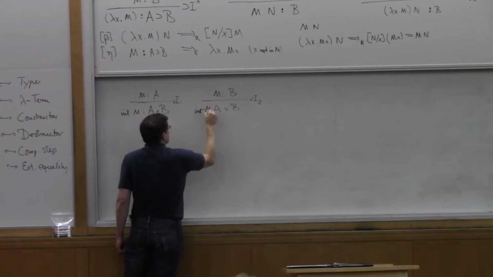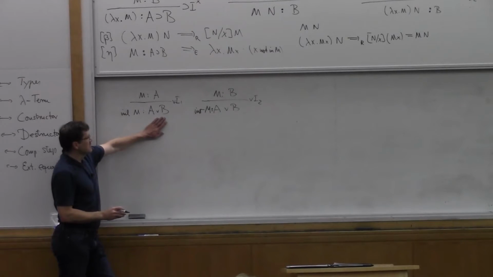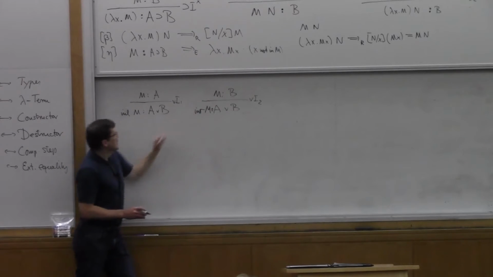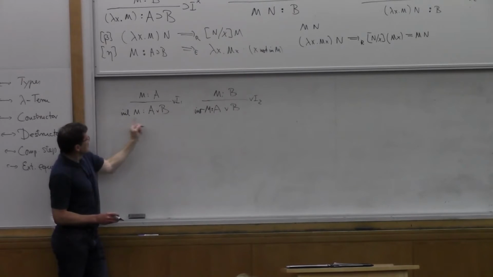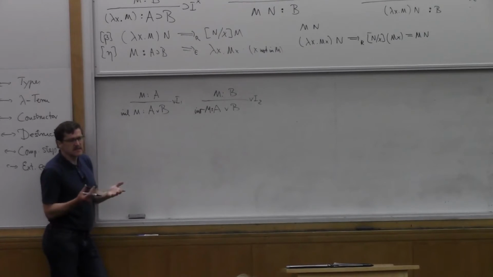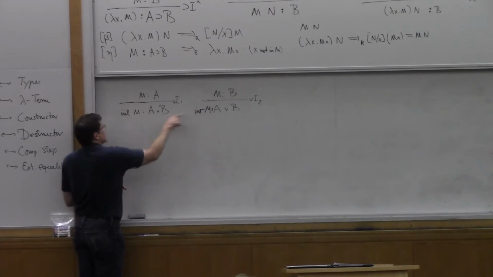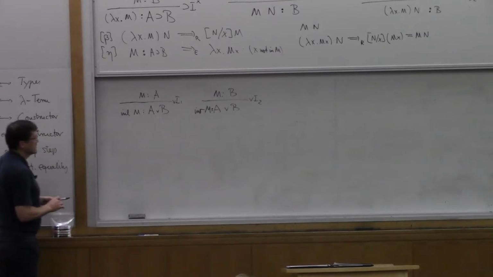So if we have a proof of A or B, we can tell whether it came from the first or the second rule, because it's going to be inl of M or inr of M. Rather than a pair, we have these two different injections.